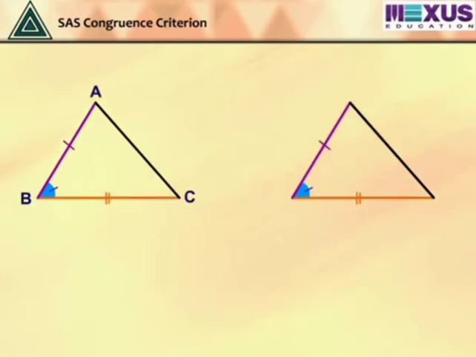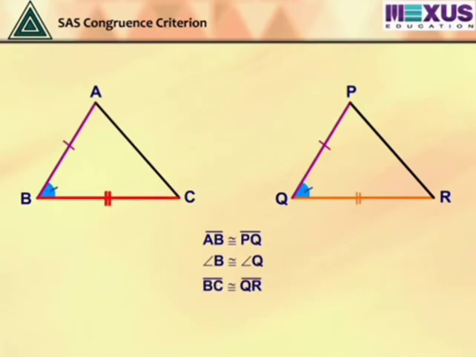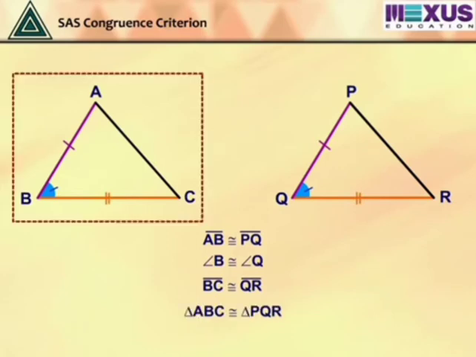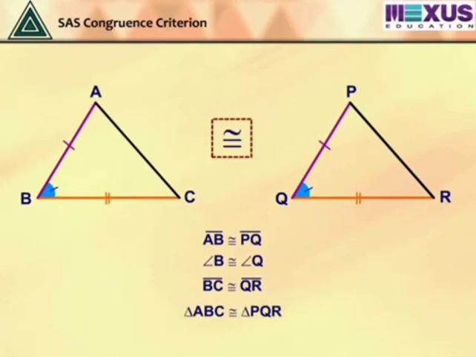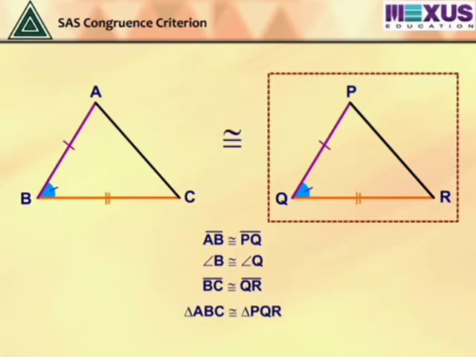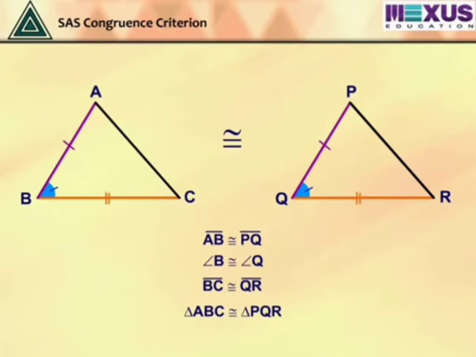See the triangles ABC and PQR. AB side equals PQ, angle B equals angle Q, and BC equals QR. Two sides and the included angle. Then we can say triangle ABC is congruent to triangle PQR.